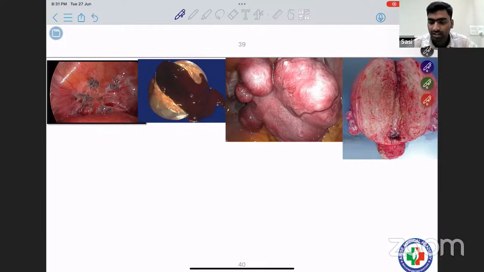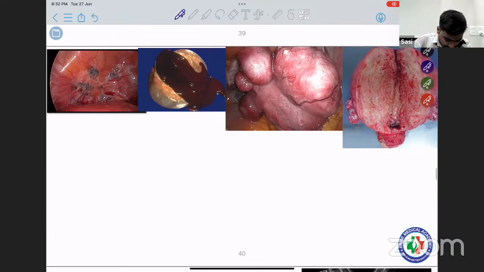Reply on the chat box, please. Fine. That's nice. Then we'll move on to the next part, which is the gynecology part. This also will be done in around 30 to 40 minutes.